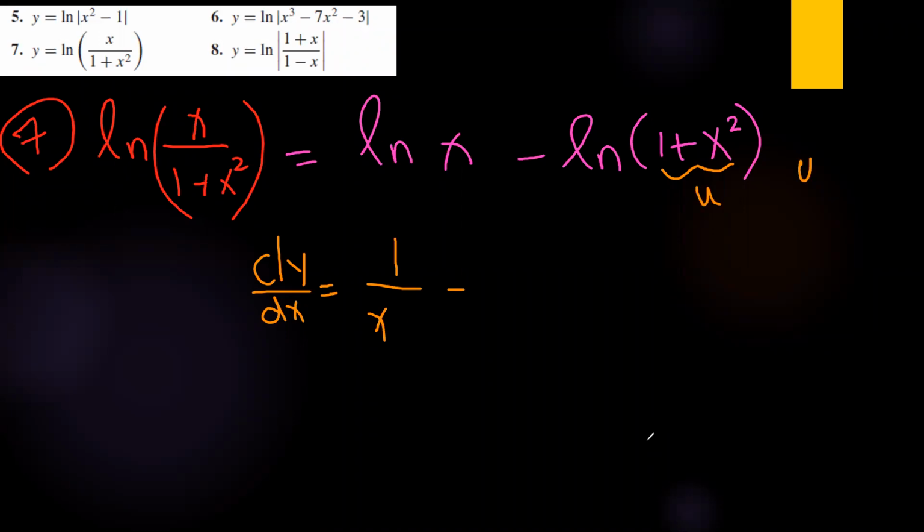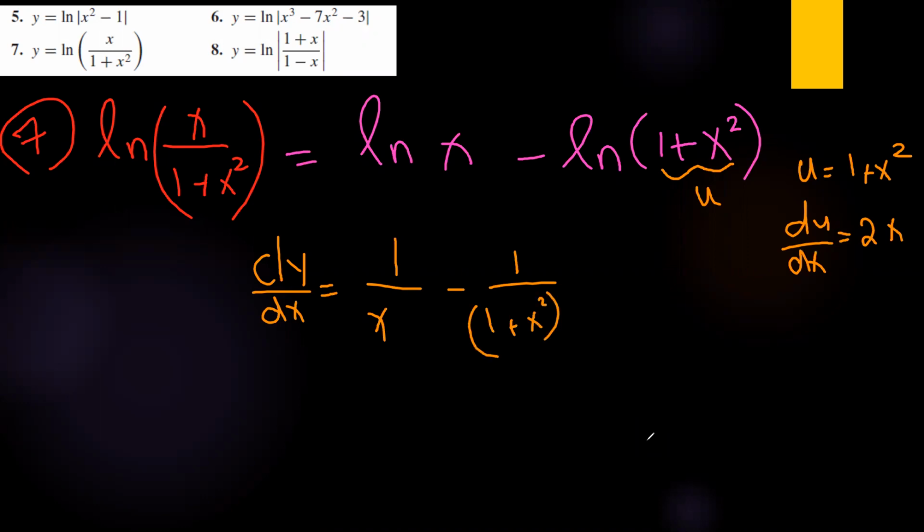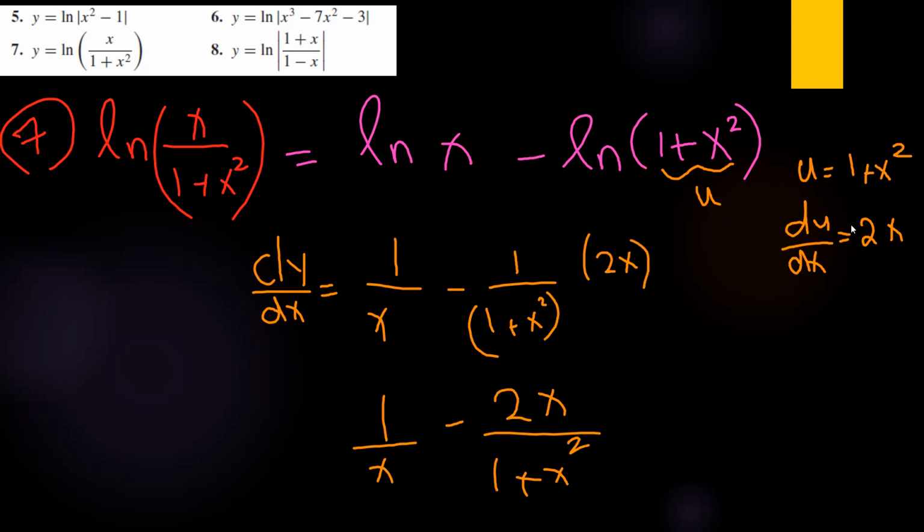So I will say this is u, and du over dx is 2x. So 1 over u, which is 1 over 1 plus x squared, times 2x. So we have it as 1 over x minus 2x over 1 plus x squared.